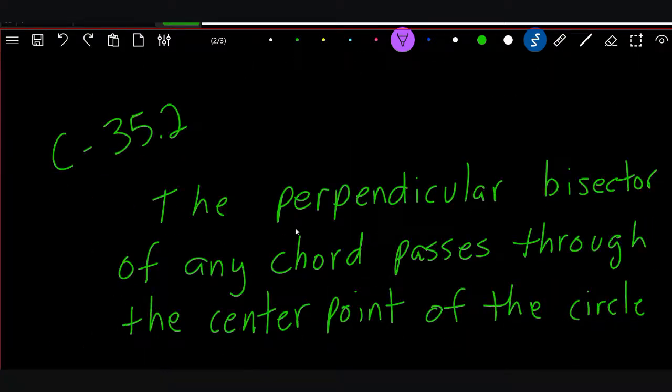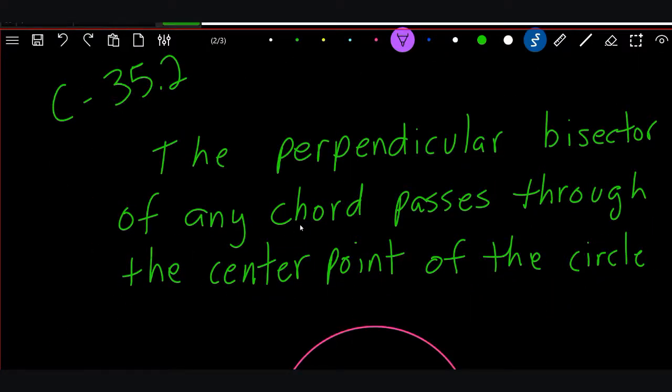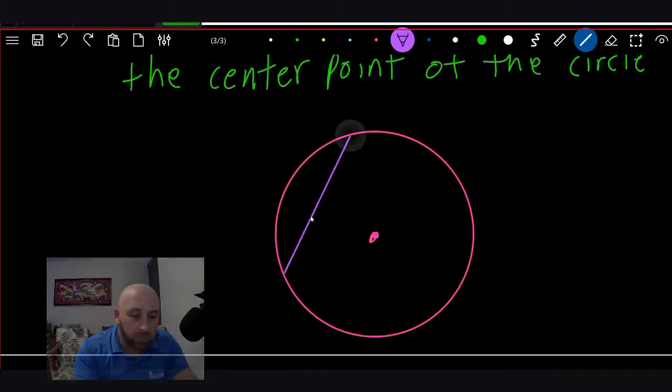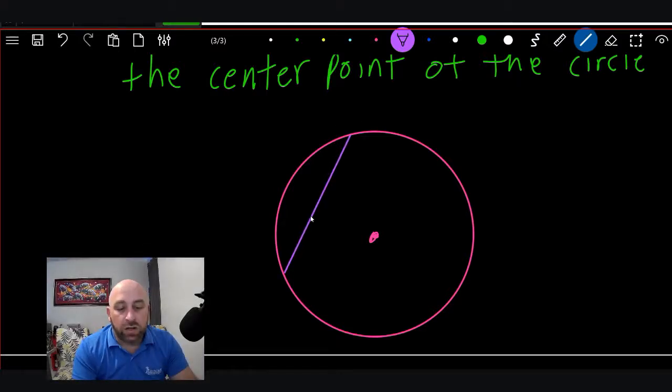All right, corollary 35.2: the perpendicular bisector of any chord passes through the center of the circle. So we'll just draw a random chord. If I bisect that with a perpendicular bisector, I'm actually going to get rid of that center point, because I just randomly put that there.